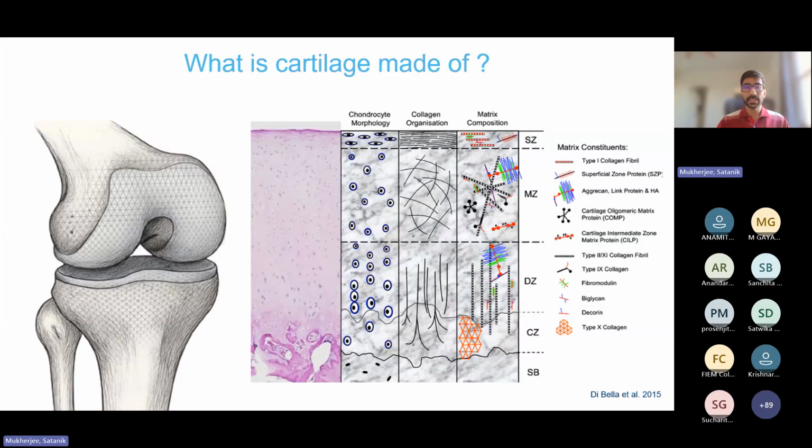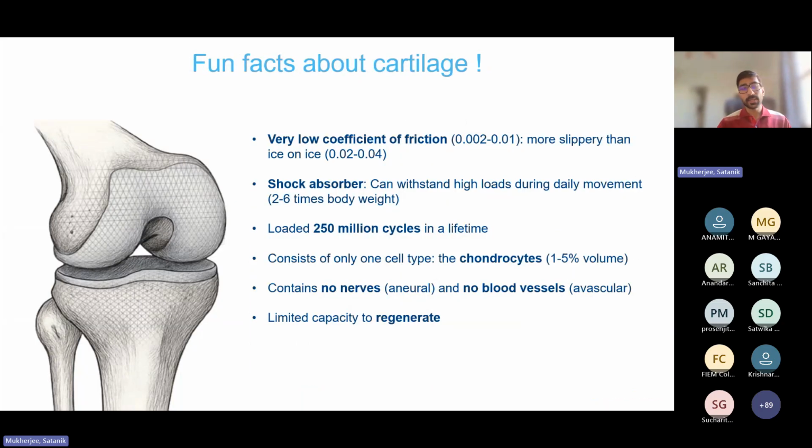If I try to highlight some of these very typical properties of articular cartilage, one of the first things that is very striking is that cartilage has a very low coefficient of friction. It's in the order of 0.002 to 0.01. To give you a comparison of how slippery cartilage is, take the coefficient of friction of ice on ice.